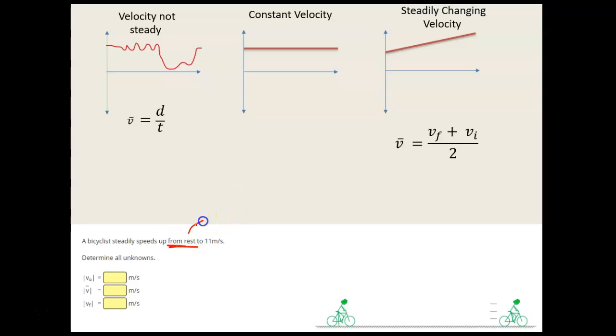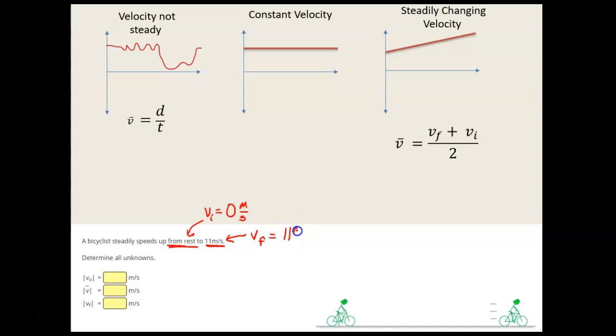And if you are stopped, your velocity, or your speed, is 0. So they just told us that at the beginning our speed was 0. And then you are speeding up to some other speed. So they basically told us the initial speed and they're telling us the final speed.